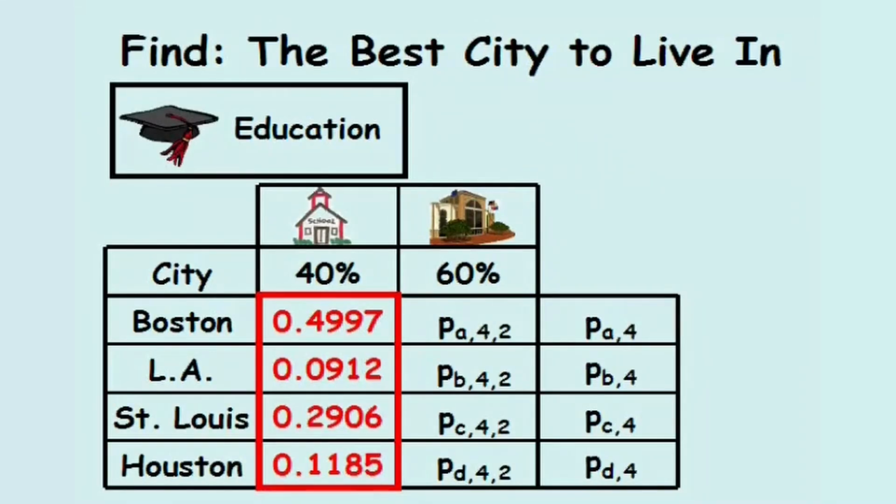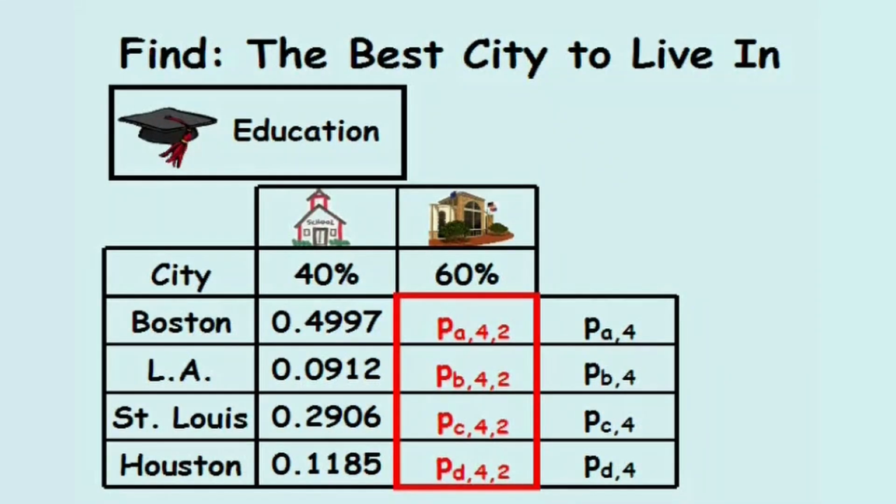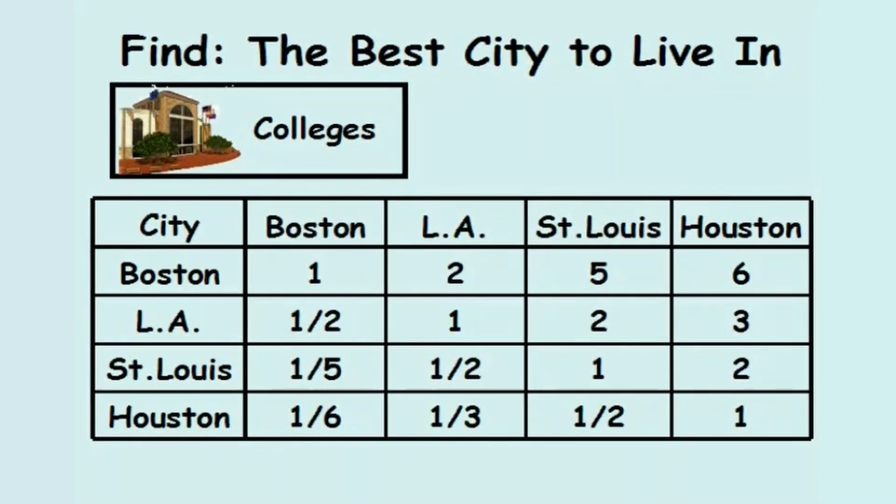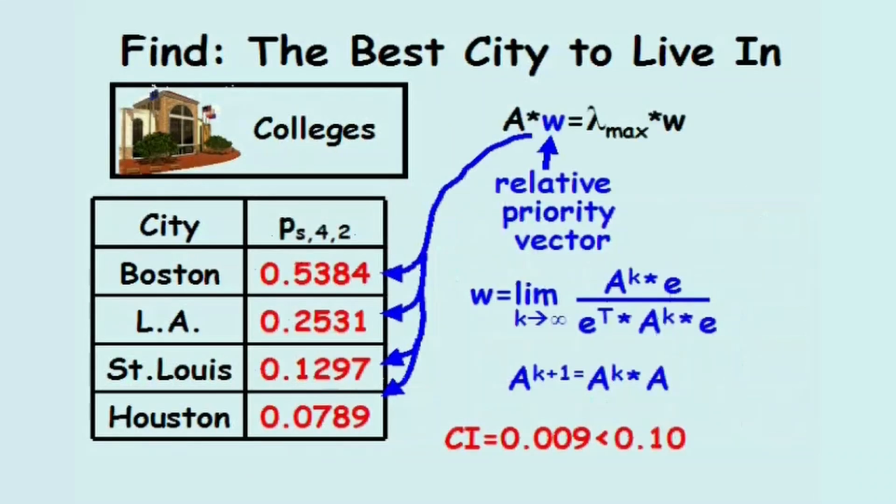Next, the relative priorities for the college subcriterion are computed. The preferences of the decision maker with respect to which cities have the best colleges are shown here. The relative priorities calculate out to be highest for Boston and lowest for Houston.